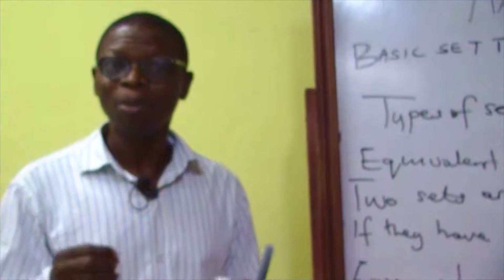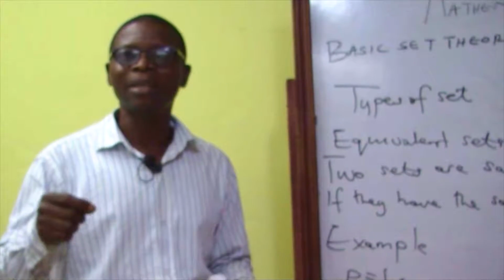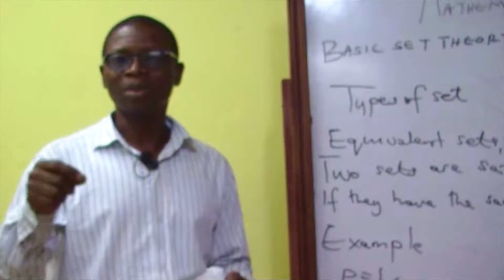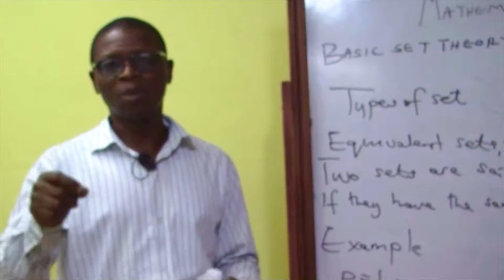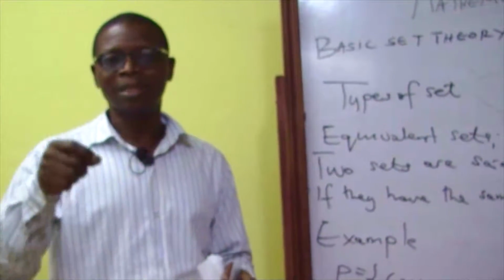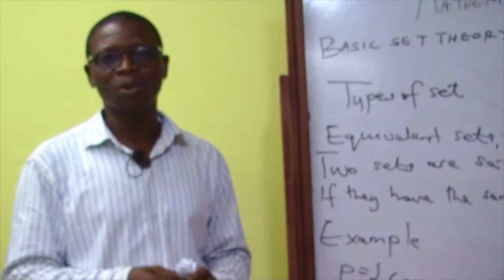That is the reason why we are saying it is content based. If the content we have in P is the same as the content we have in Q, then we say P is equal to Q.